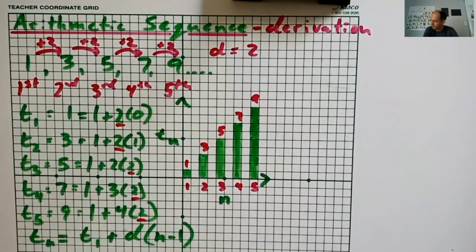We're multiplying the common difference by 1 less than the term number, and then adding the first term to give us the next term.